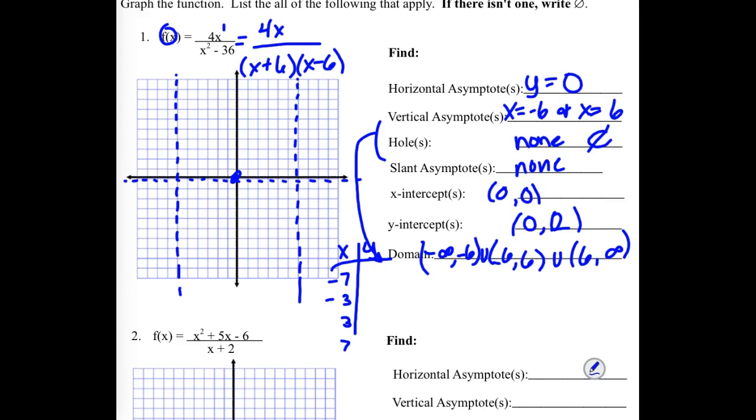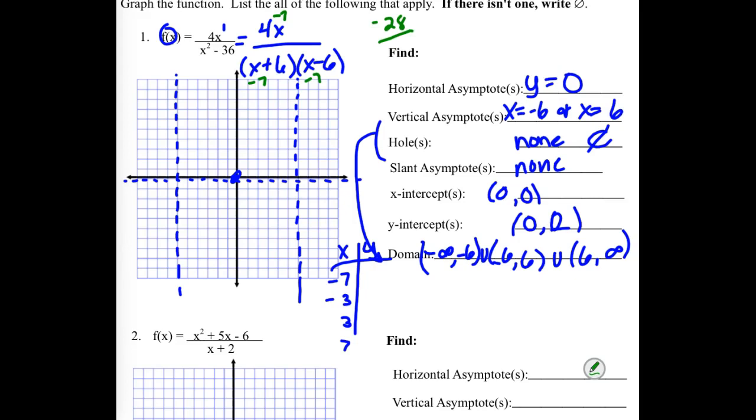Okay? So let's start with the -7. You can plug it in to the original function or to the factored version. It doesn't matter. If we put a -7 into our factored version, the numerator becomes what? -28. Denominator, we've got a -7 plus 6. That would be -1. We have a -7 minus 6. That would be -13.